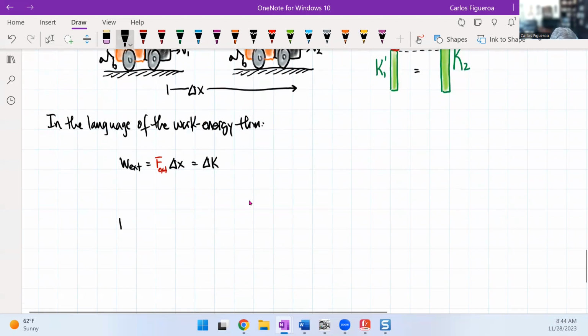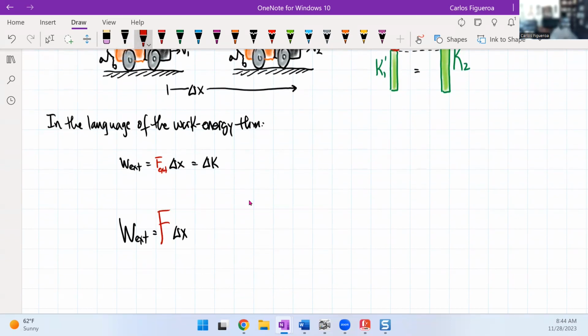However, with the truck, that was a larger change in kinetic energy because there was a bigger external work, because there was a larger external force, and as a consequence, we had a big change in kinetic energy.